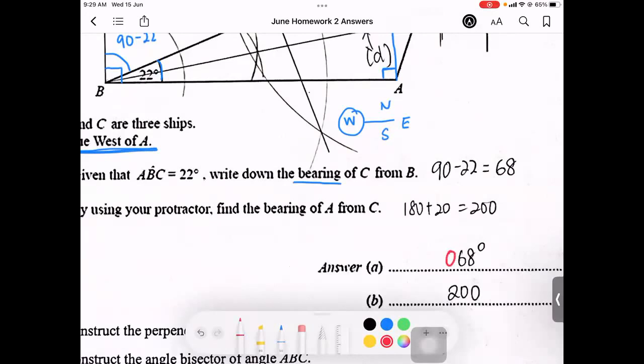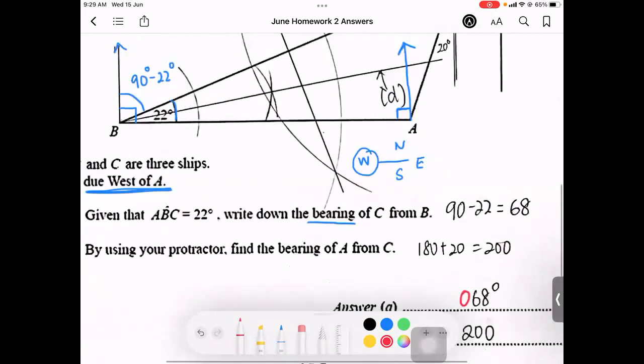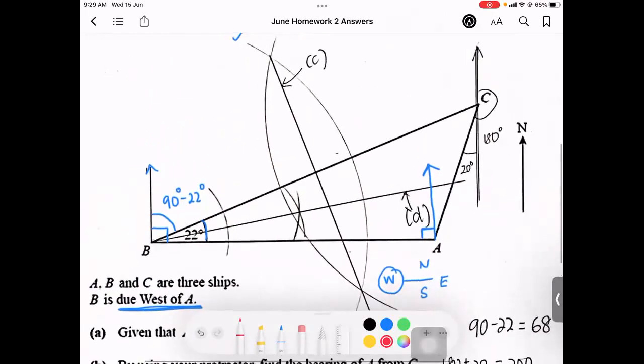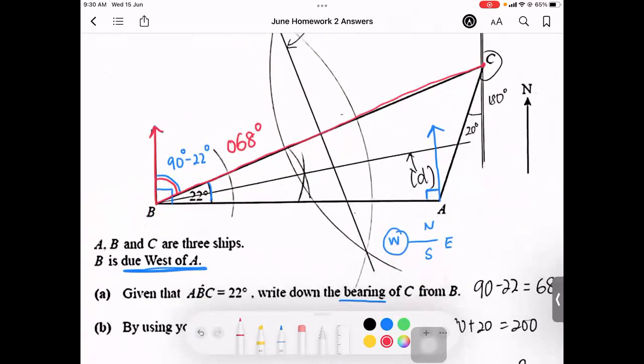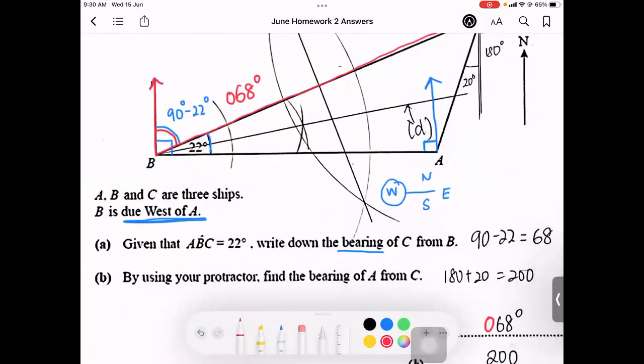Right, bearing of C from A, bearing of C from B, sorry, bearing of C from B itself. So this is the angle over here. So 068 degree bearing.